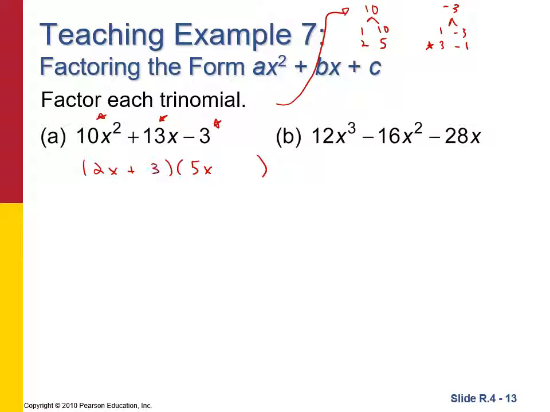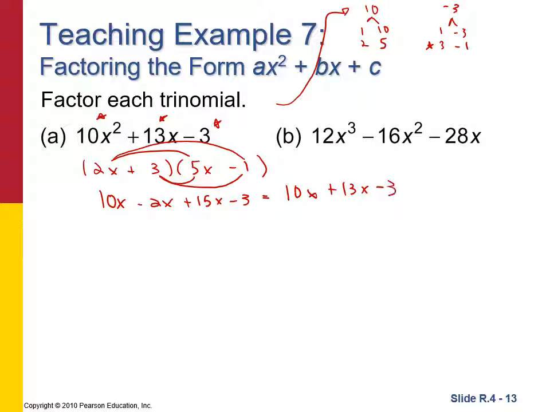So plus 3x minus 1. Okay, and so let's multiply this out. We have 10x squared, right, first, outer, minus 2x, inner, plus 15x, and last, minus 3. And this gives us 10x squared plus 13x minus 3, which is our original problem.